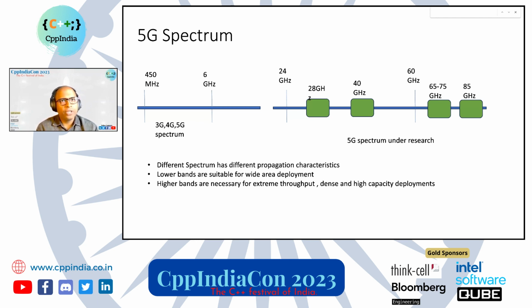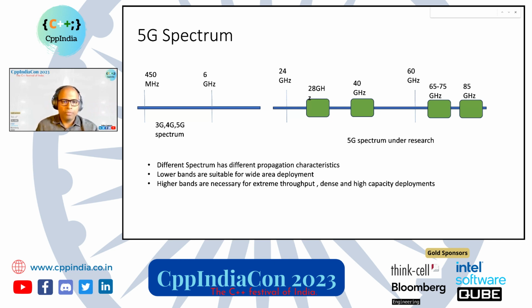Because 5G has very demanding use cases and goals, like extremely high bandwidth and ultra low latencies, to support these use cases, in addition to this 450 megahertz to 6 gigahertz spectrum, different spectral bands are also being researched.